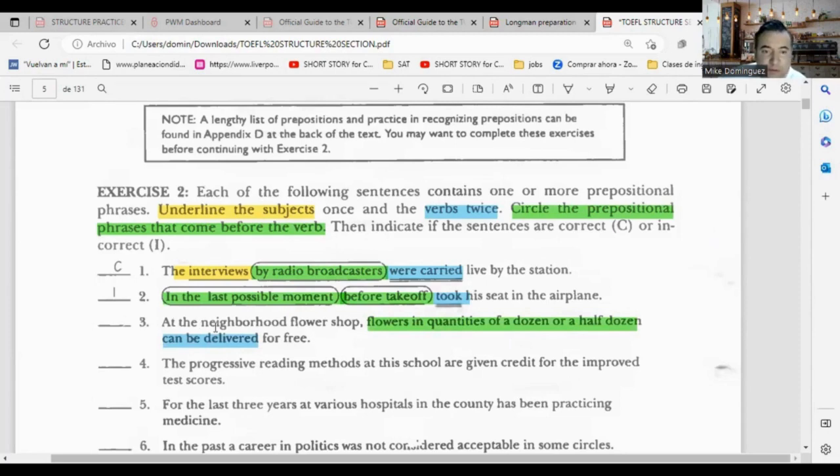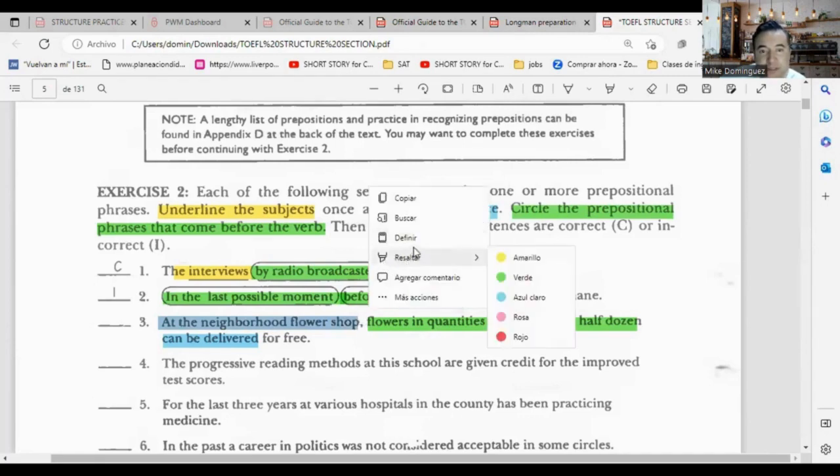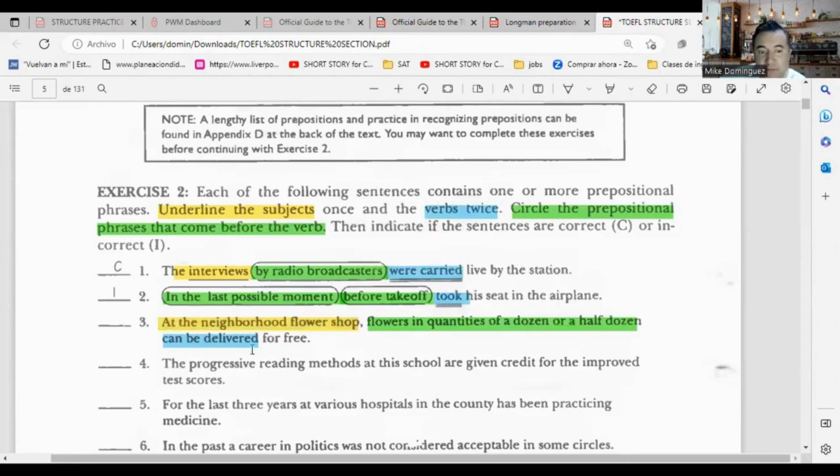That could be the subject. Yes, flower shop is the subject, so that's going to be yellow. That's correct, that makes sense. Subject, verb, and eventually the prepositional phrase. Yes, correct.